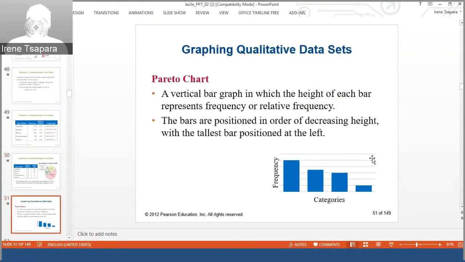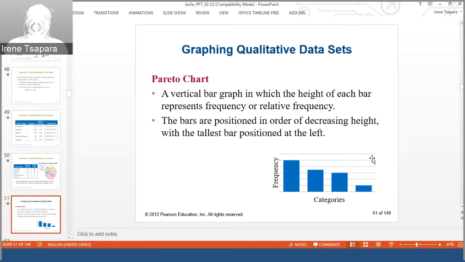Pareto graphs are vertical bar graphs. We have the categorical data on the x-axis. The only difference is that we sort them in decreasing order. So we always have the first column be the one that refers to the category that has the highest frequency, going downwards. We can do that only for bar graphs.